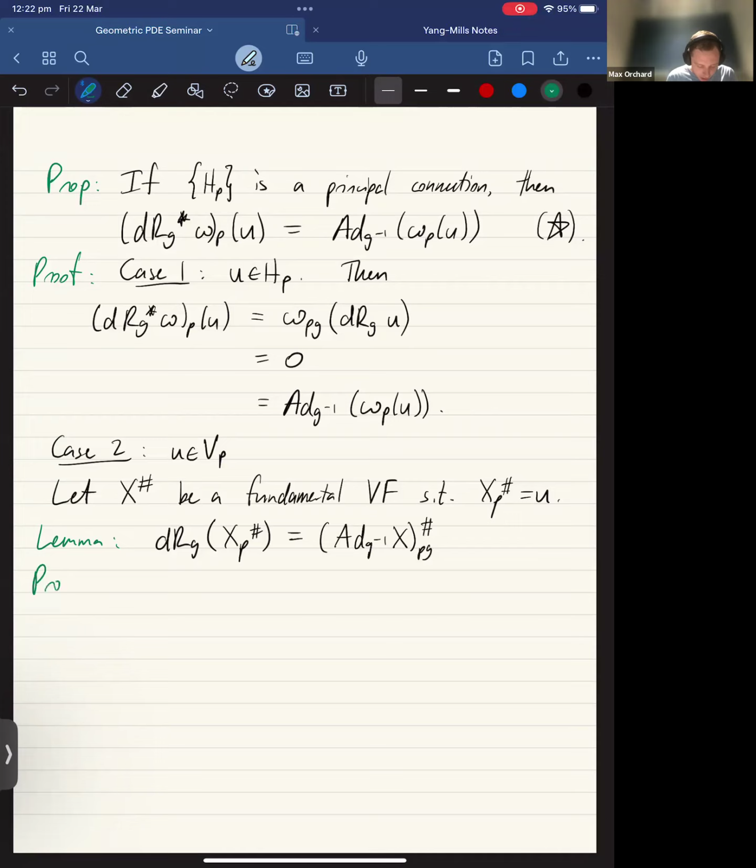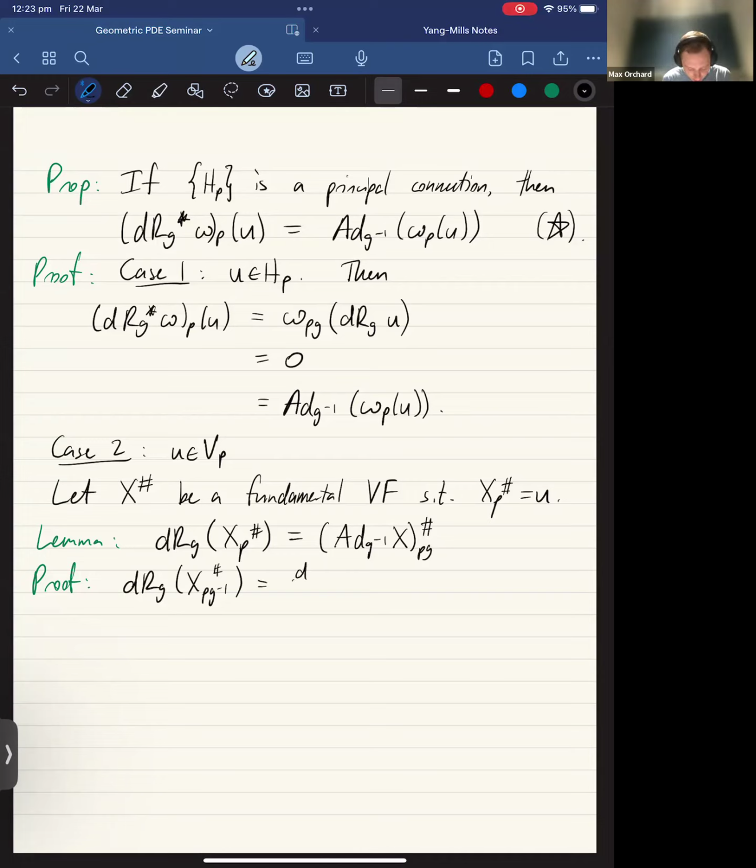Okay, so the proof of this lemma, we kind of just do some computations, play around with the definition a bit.